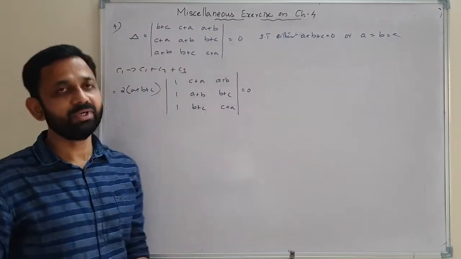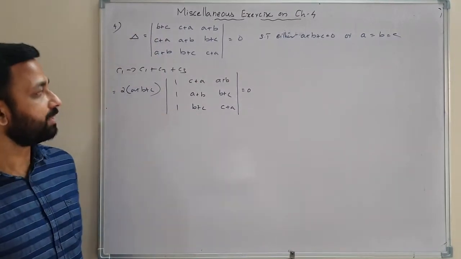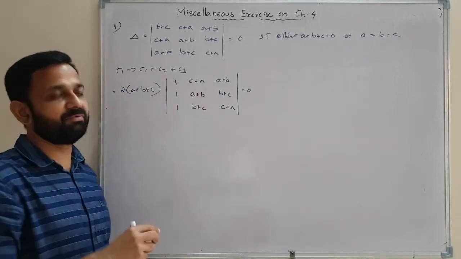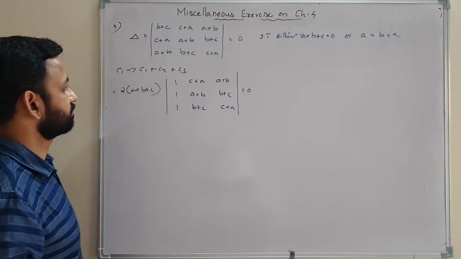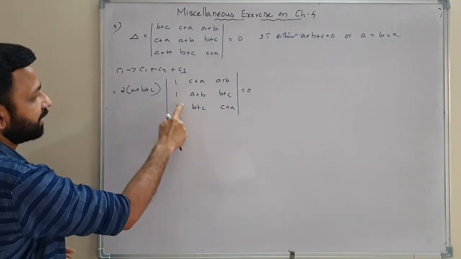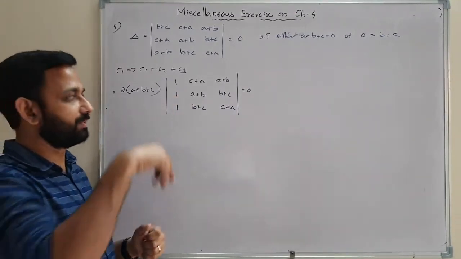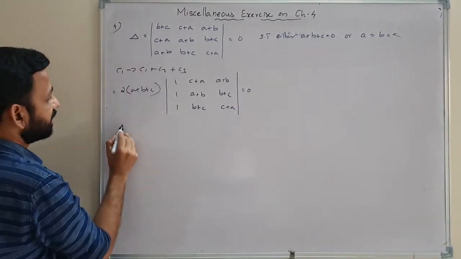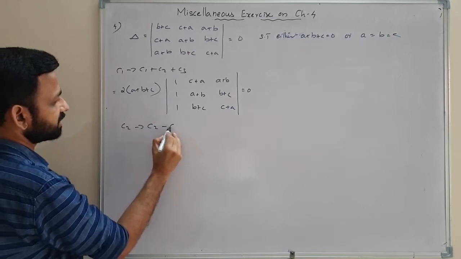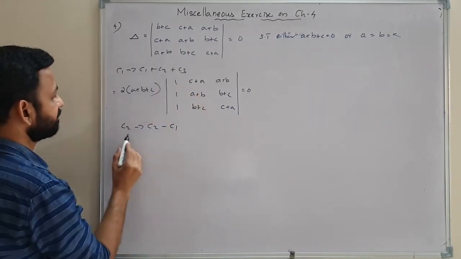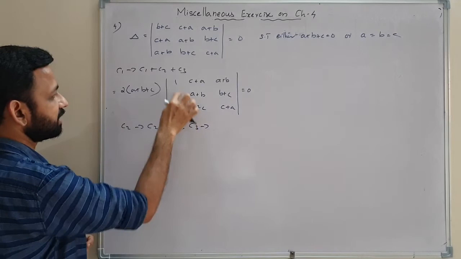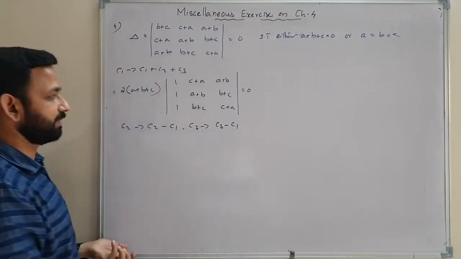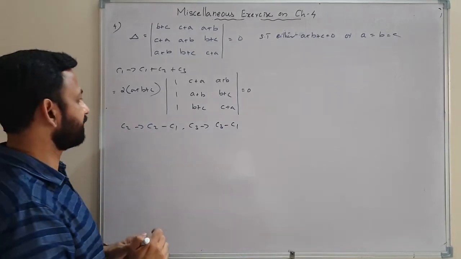So we are going to reduce it into 2 by 2 form. If we have 1, 1, 1, we need to make 2 more zeros, then we can reduce it into 2 by 2. We can use the operation C2 tends to C2 minus C1, then C3 tends to C3 minus C1, or C3 minus C2 also we can take.